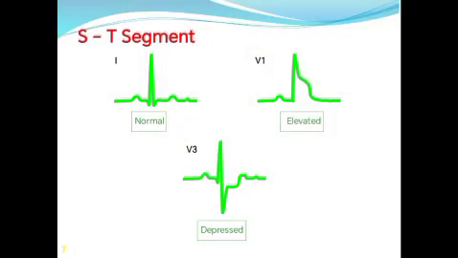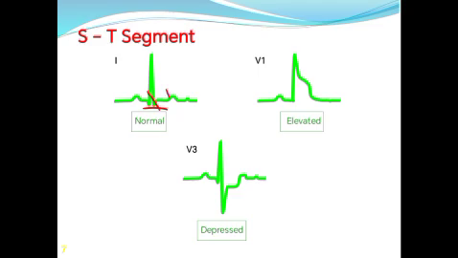If you go back again to the ST segment, an example of this is a normal ST segment here. This is the ST segment between the QRS complex and the T wave.